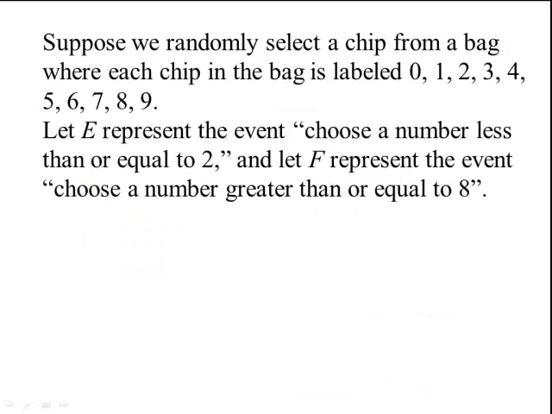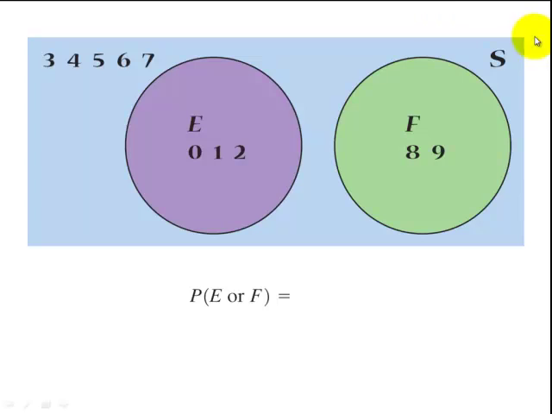Suppose we randomly selected a chip from a bag, and each chip in the bag is labeled 0 through 9. Let E represent the event choose a number less than or equal to 2, and let F represent the event choose a number greater than or equal to 8. If we look at the Venn diagram for this example, this is our sample space, denoted S. These are all the outcomes.